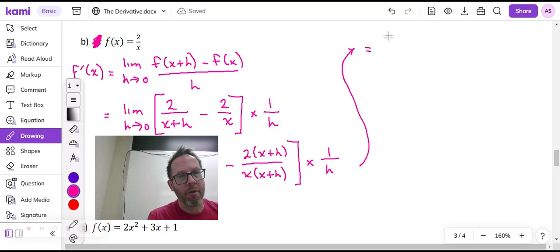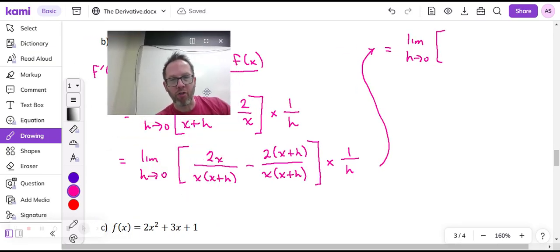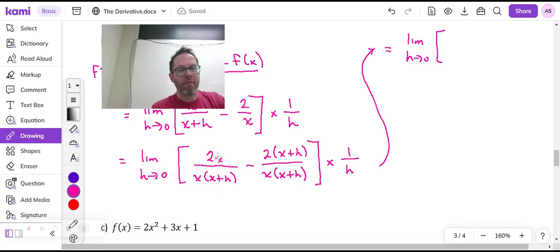So what are we left with? We have the limit as h approaches 0. Now that we have a common denominator, we can combine those two expressions. And look, we're going to have 2x. I'm going to do this to save some space. Let's digest this, and you let me know if you want me to go over this again. We're going to have 2x, and then when we distribute the 2, we're going to have subtract 2x. Those will go away.